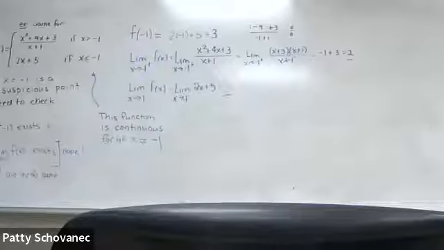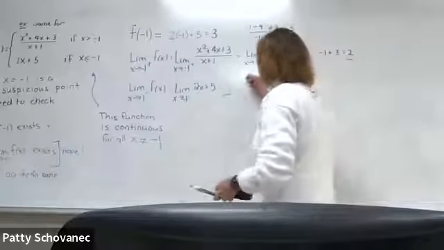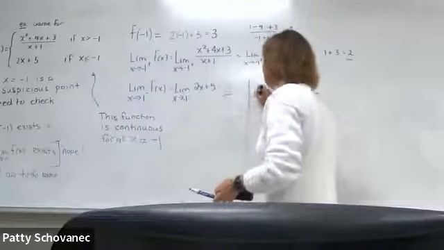Now, some of your problems on web work say, here's a function with a variable in the slot. Can you find a value of this particular letter to make this function continuous? So let me duplicate an example like that. Let's take essentially the same function.